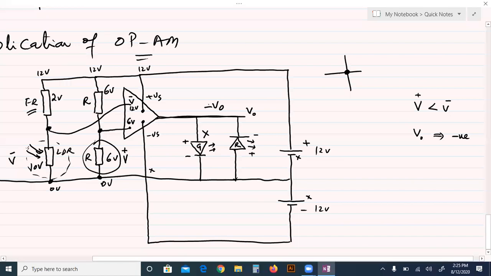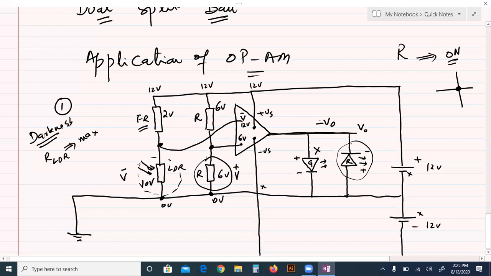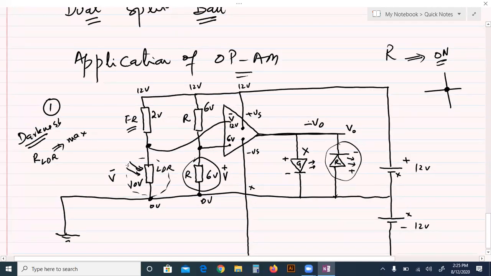But look, negative connected with the negative, so it becomes forward biased, current flows through it, so the red goes on. Meaning when there is darkness in the surrounding, the darkness is indicated by the red LED.